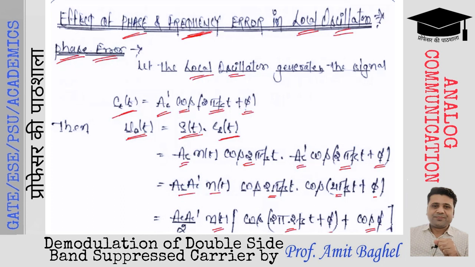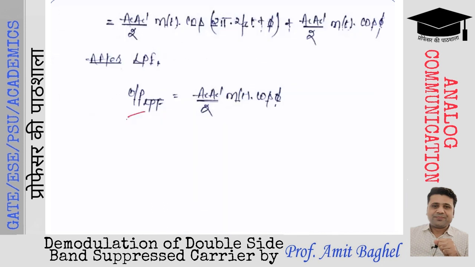Now this V naught t will be passed through the low pass filter. Hence the high frequency component will be clipped off, filtered out in the output of the low pass filter. The output of the low pass filter will be Ac dash by 2 m of t into cos of phi. Why?